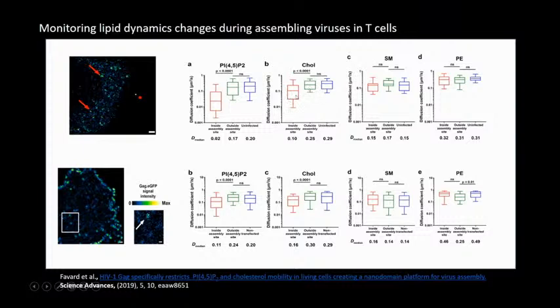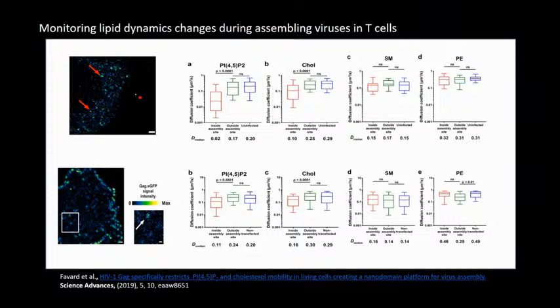This appeared to be the same for the cholesterol, where we observe a 2 to 3 times difference in the median diffusion coefficients. But on the opposite, we could not observe any changes in either sphingomyelin or phosphatidylethanolamine, which is a control lipid, not known to have any interaction with the virus.